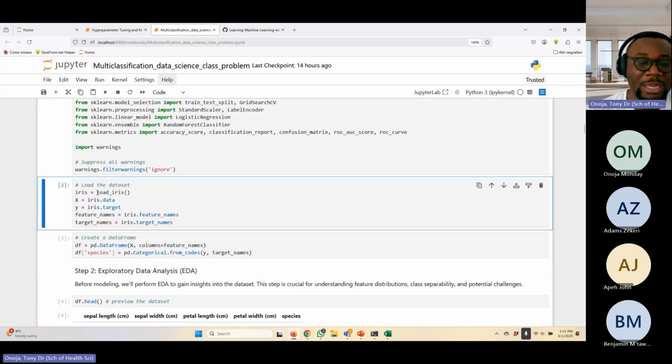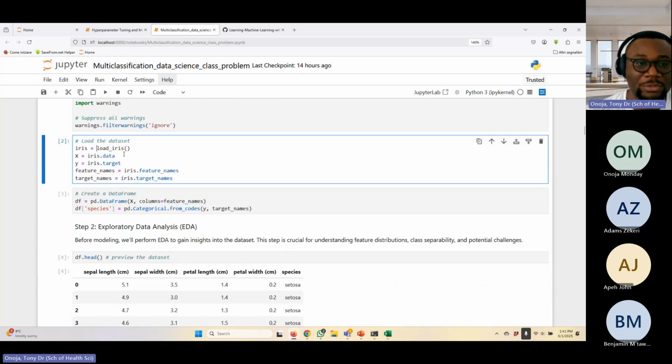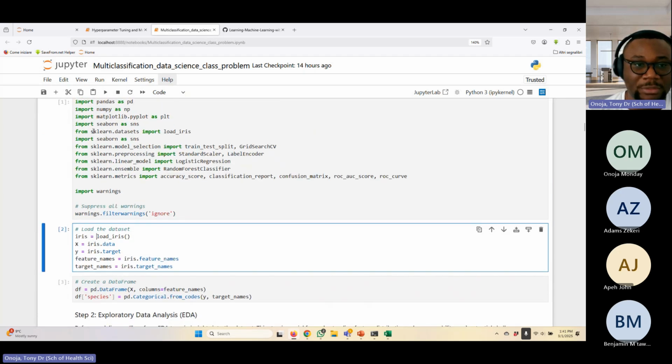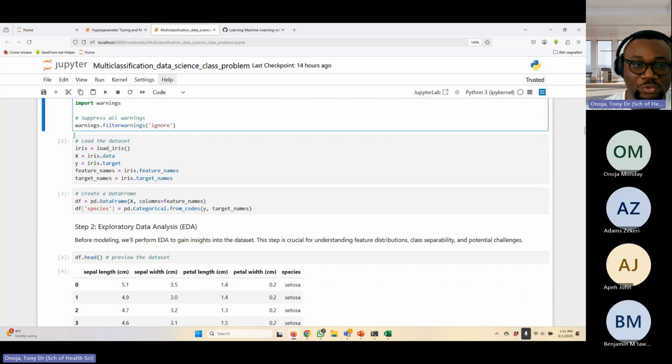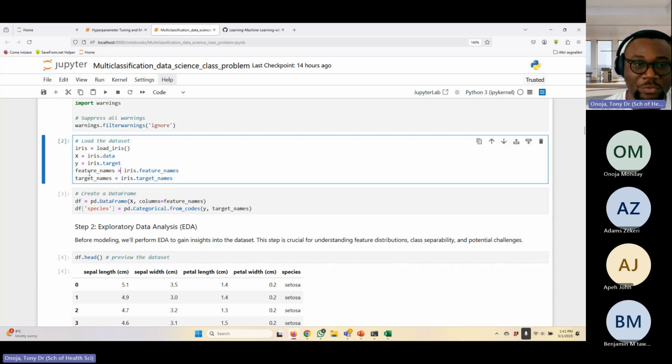The next thing is that this dataset is already in the Scikit-learn datasets, so it's easy for you to load. But when you load it, you have to find a way to convert it to a DataFrame. You can see when we load it, we indicated which are the features and which is the target. So first you load them.